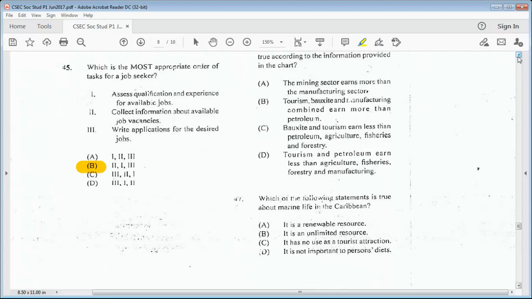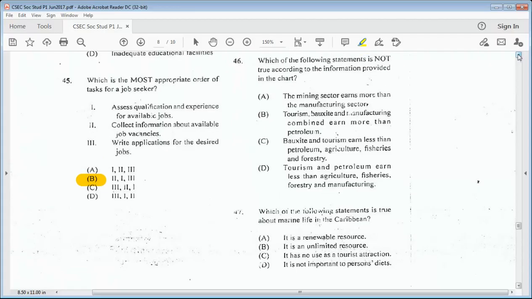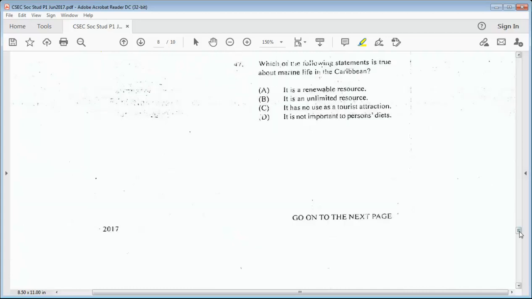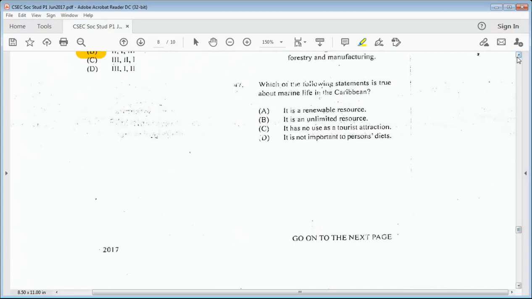Tourism and petroleum earn less than agriculture, fisheries, forestry, and manufacturing. So it says tourism and petroleum earn more than agriculture, fisheries, and manufacturing. So this one is not true. So A, B, and C are truthful, but D is not true. So our answer option would be D.